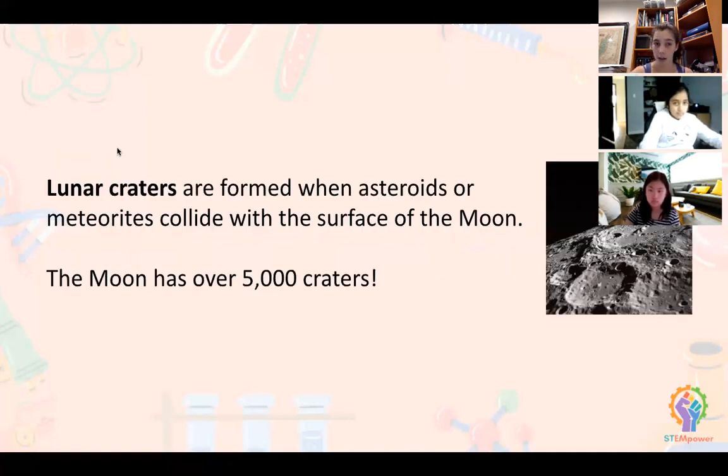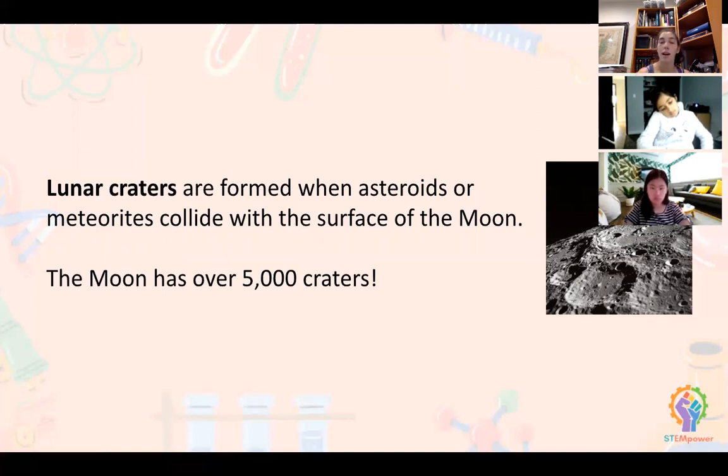So we're going to become familiar with moon craters and create your own using various sized rocks. Lunar craters are formed when asteroids, or little pieces of rock, or meteorites collide with the surface of the moon. Lunar is specifically talking about the moon, but there are craters everywhere. There are craters even on Earth, made from asteroids and meteorites.